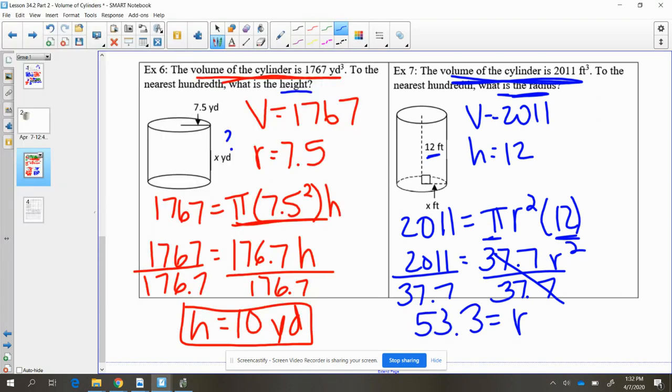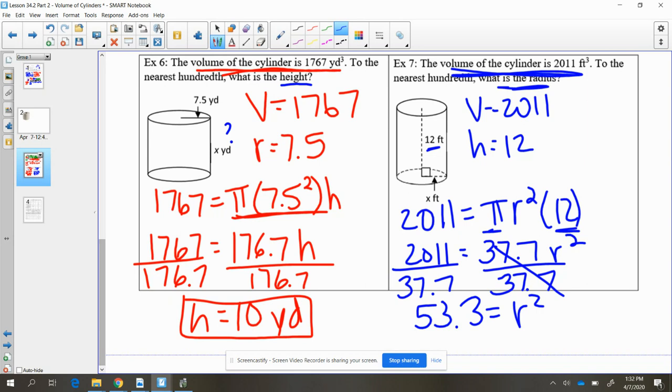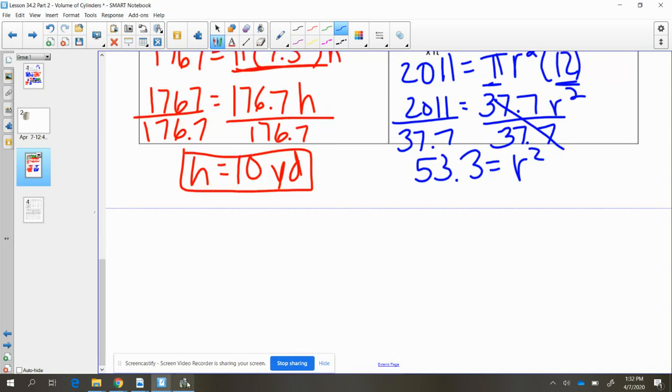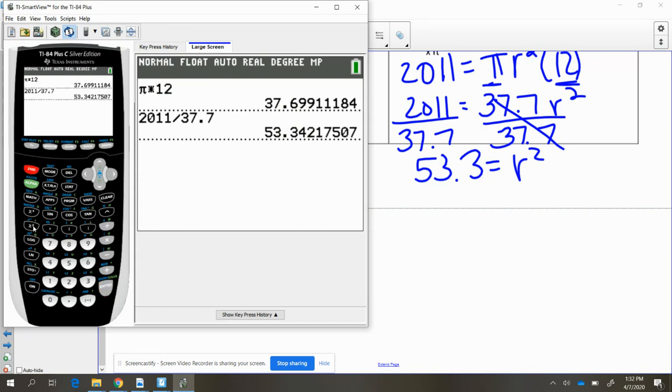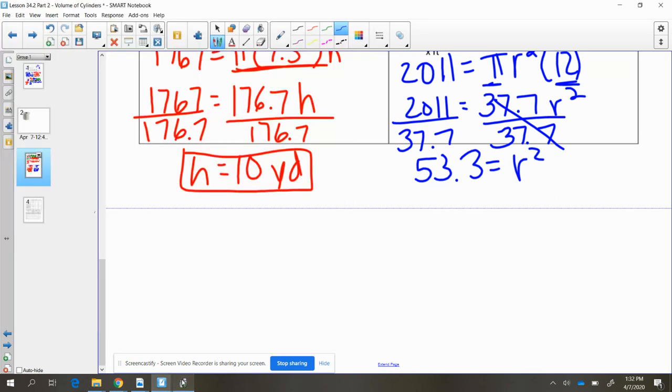53.3. Now that is not your final answer. That's the radius squared. Now you do not divide by 2 to undo a square. We need to instead square root the 53.3. You get about 7.3.